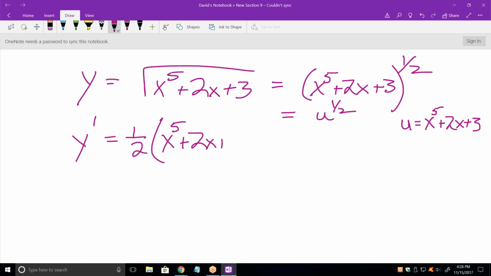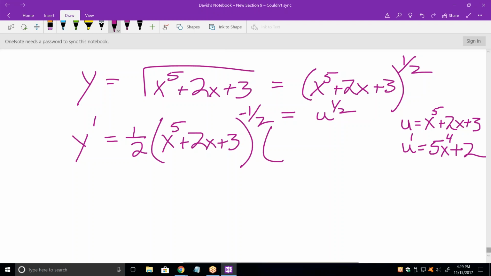You never change the inside when you use the derivative of the outside. That is the derivative of the outside. Now, what's the derivative of the inside, which is u prime? That would be 5x to the 4th plus 2. That's what I'm multiplying that by.